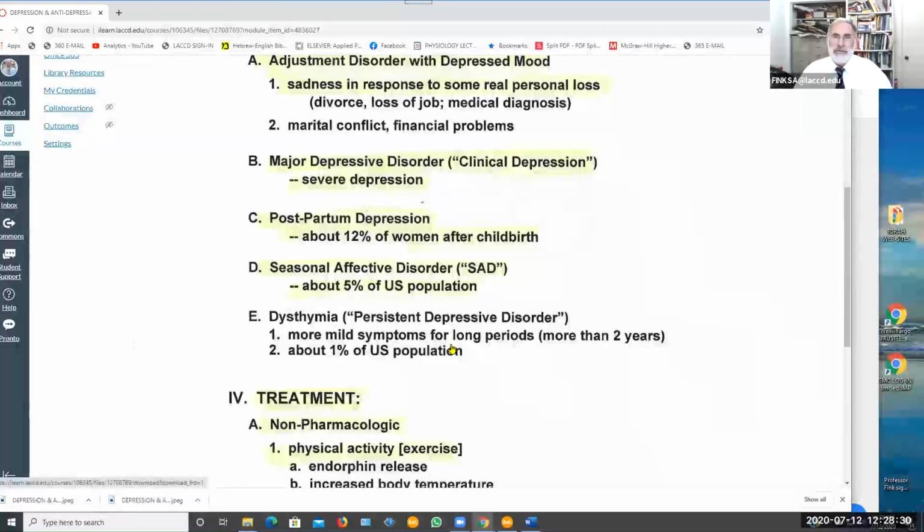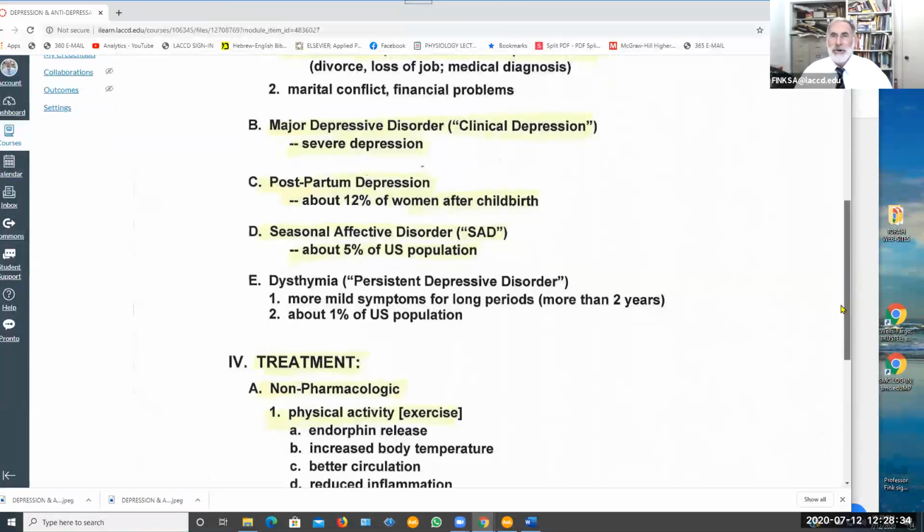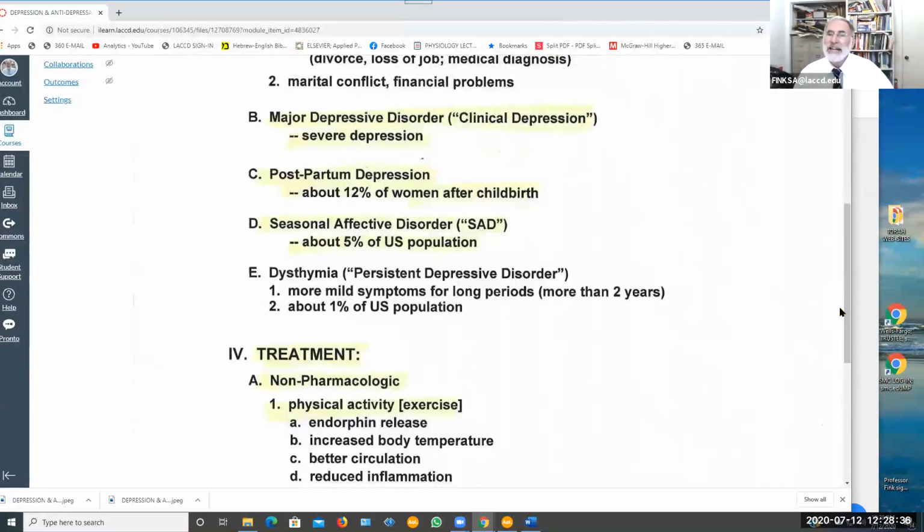We had mentioned previously that gloomy weather can lead to depression. This is known as seasonal affective disorder, or SAD, of which about 5% of the US population experiences. This is common in, for example, cities like Seattle, Washington, where 300 days of the year it is gloomy, overcast, cloudy and rainy, and that can be depressing.